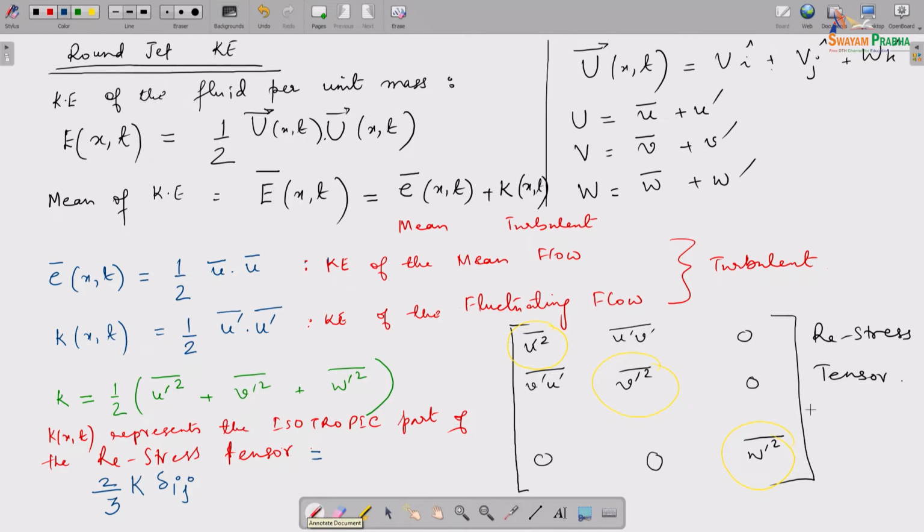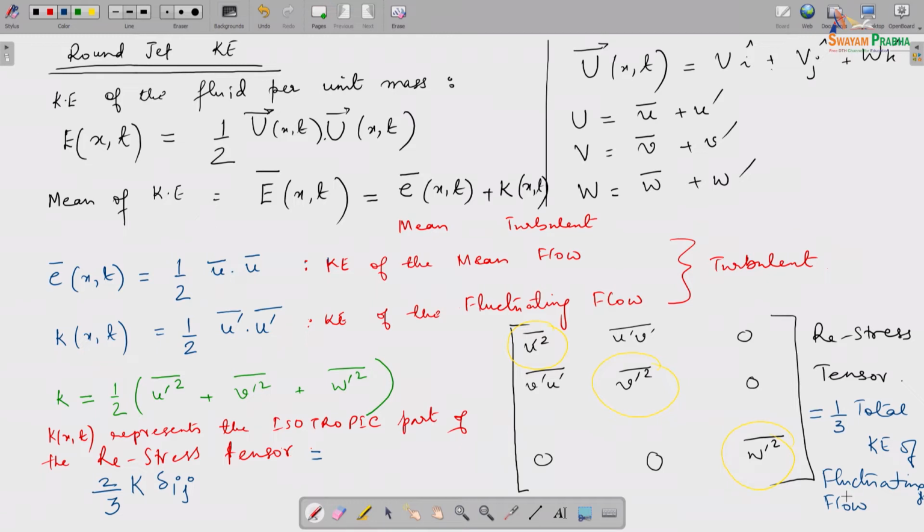This is equal to 1/3 of the total K of the fluctuating part of the flow.